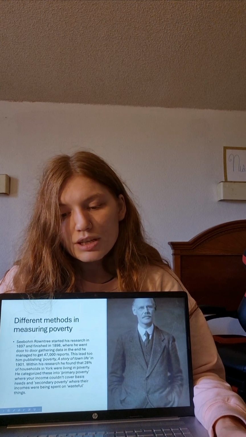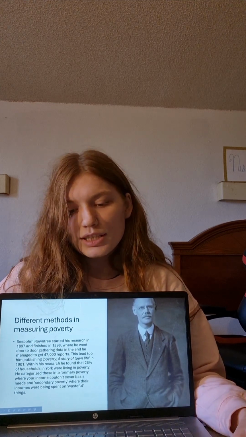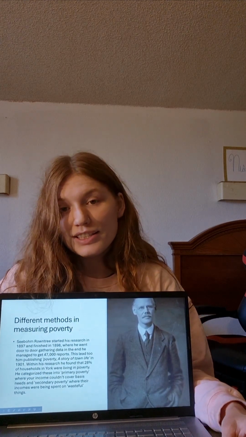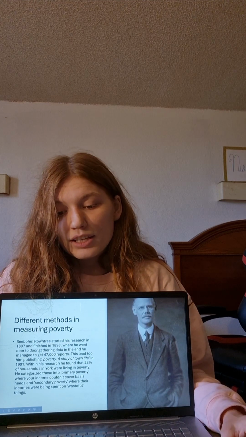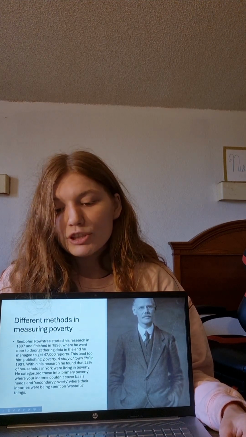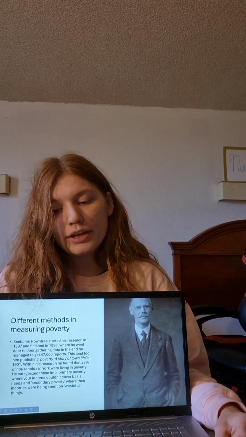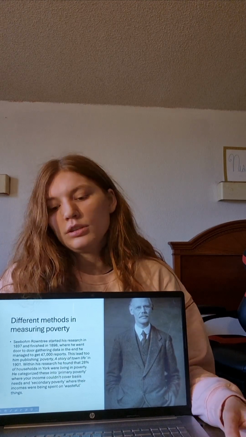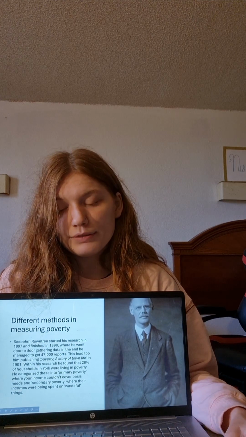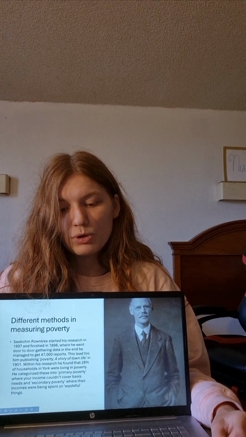However, Rowntree started his research in 1897 and finished it in 1898. His research consisted of going door to door, gathering data by families. He managed to get over 47,000 reports. This led to him publishing Poverty, a Story of Town Life, in 1901.